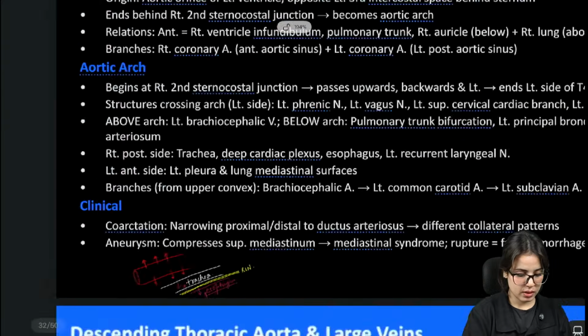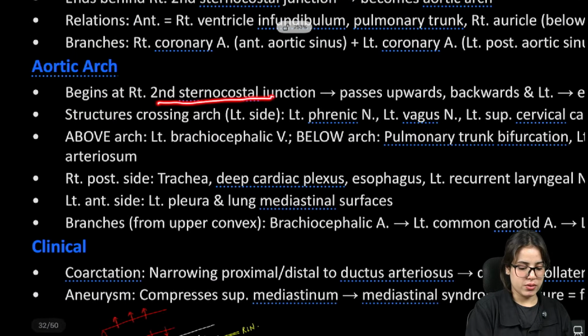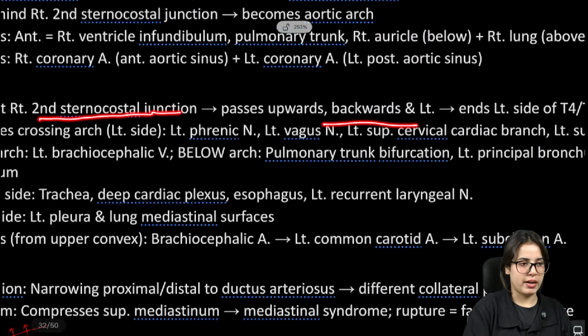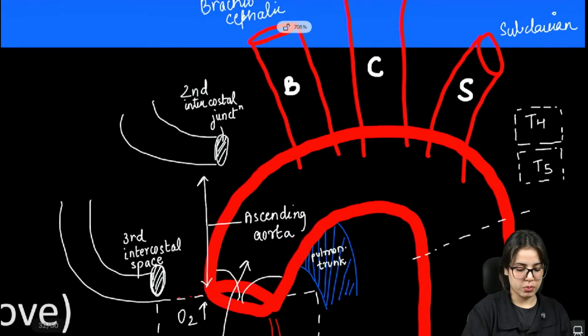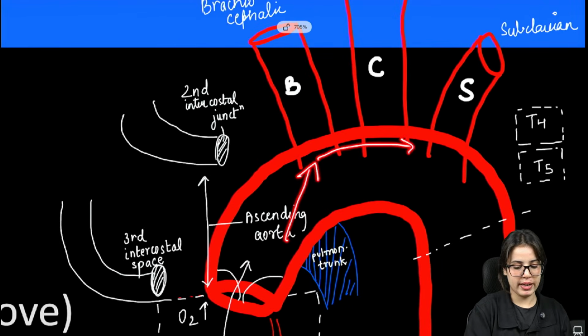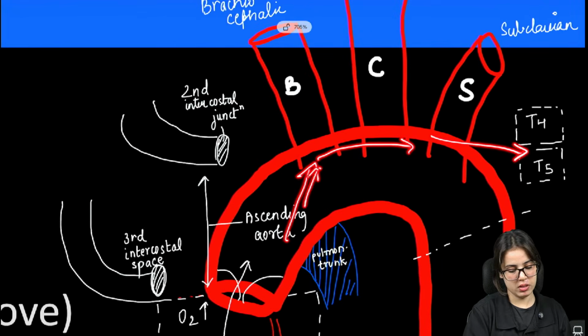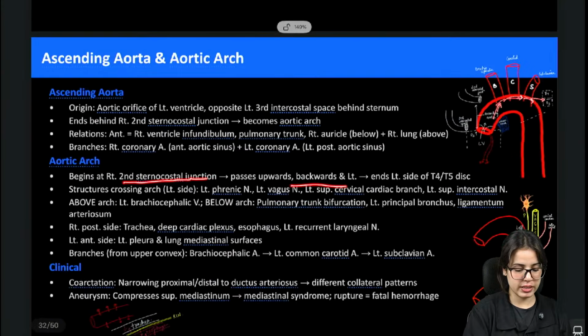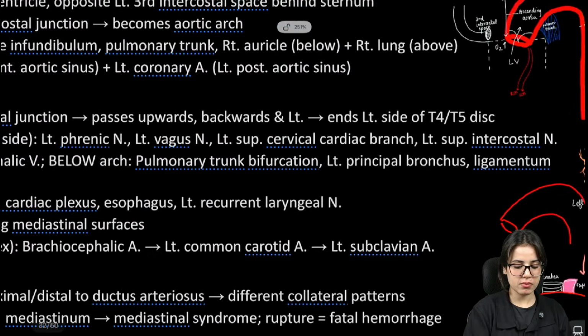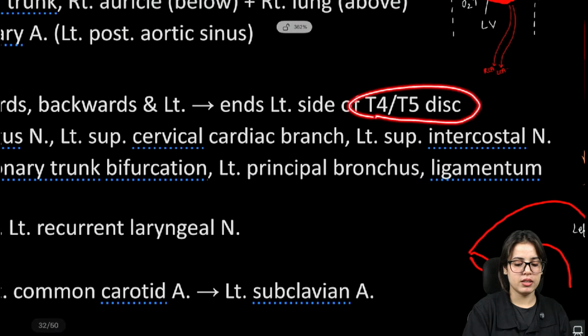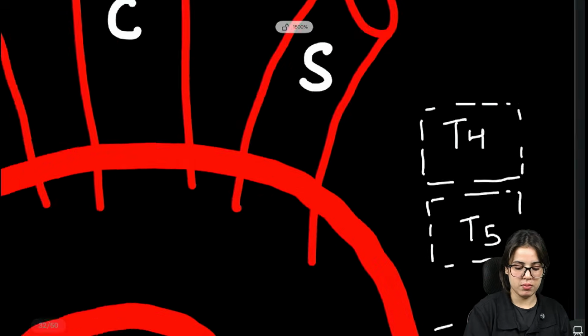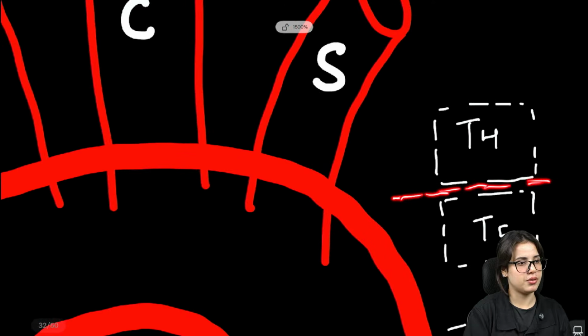The arch passes upwards, backwards and to the left. Upward, laterally and left: this is the direction of the arch of aorta. It ends at the T4-T5 disc, the disc between these. It ends here.